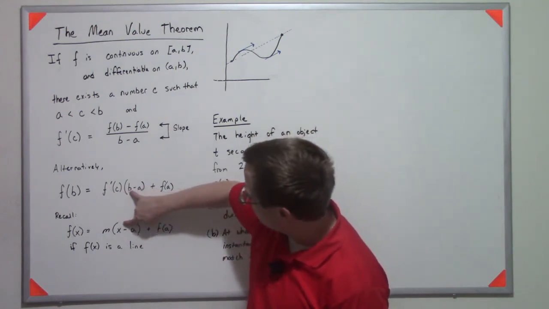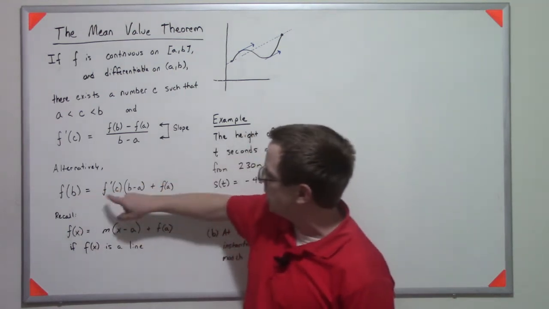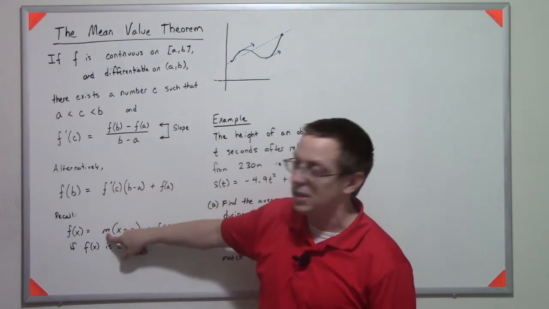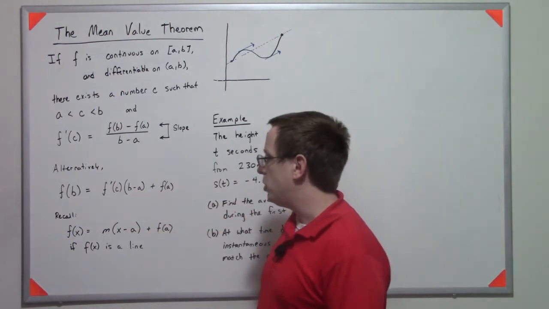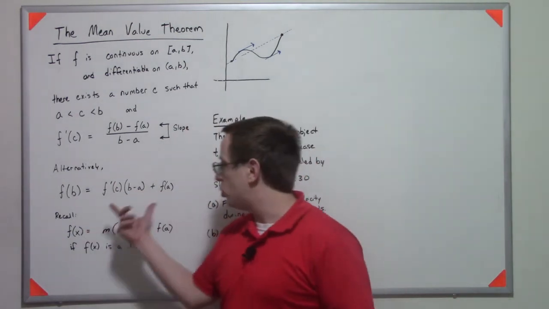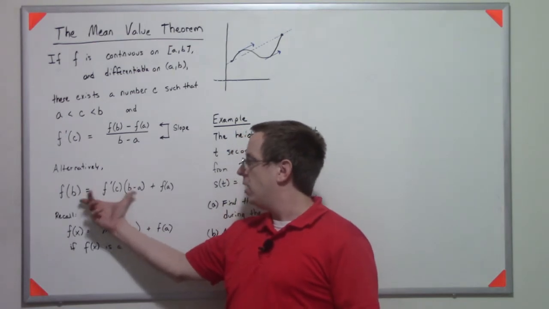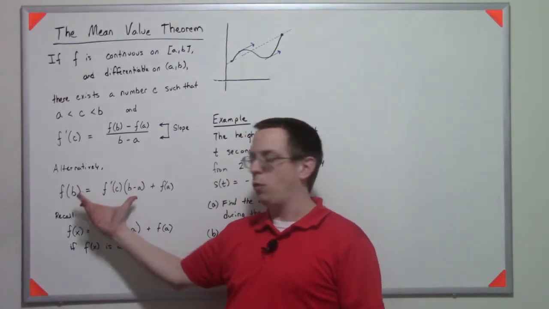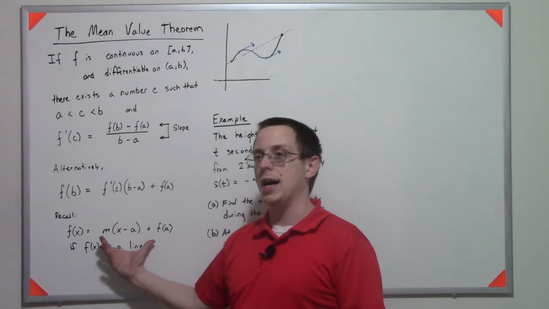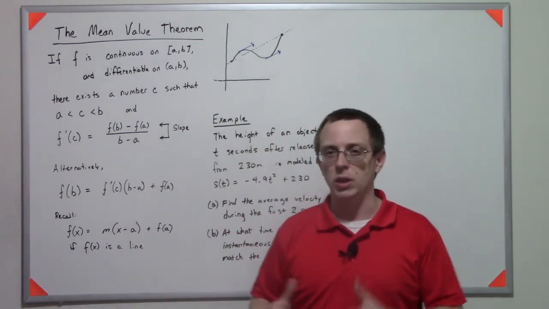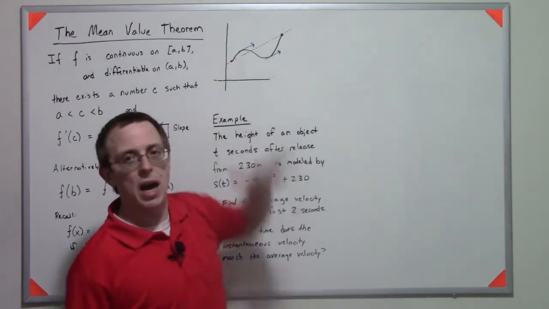Notice that b's have changed here to x's, and the f prime at c is now just an m. So what you're finding is that there's a strong relationship between this statement and the idea of a general line. So these all kind of relate because we're talking about lines.